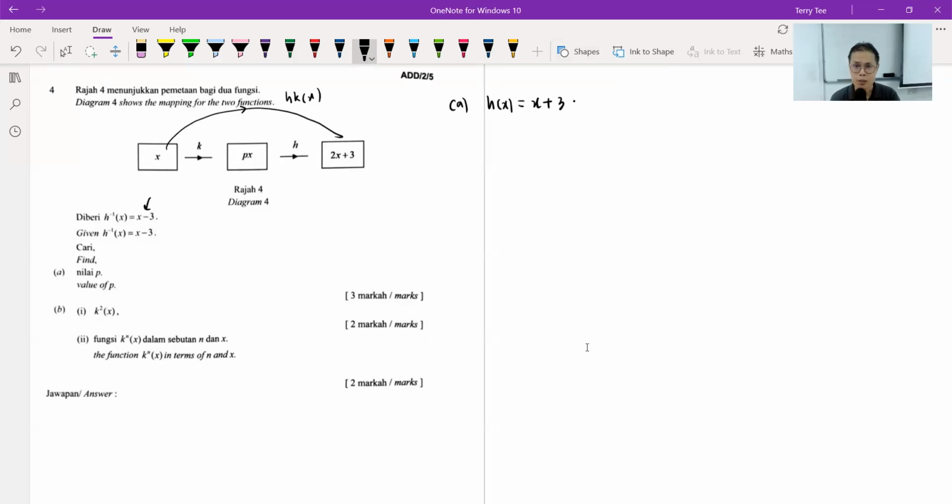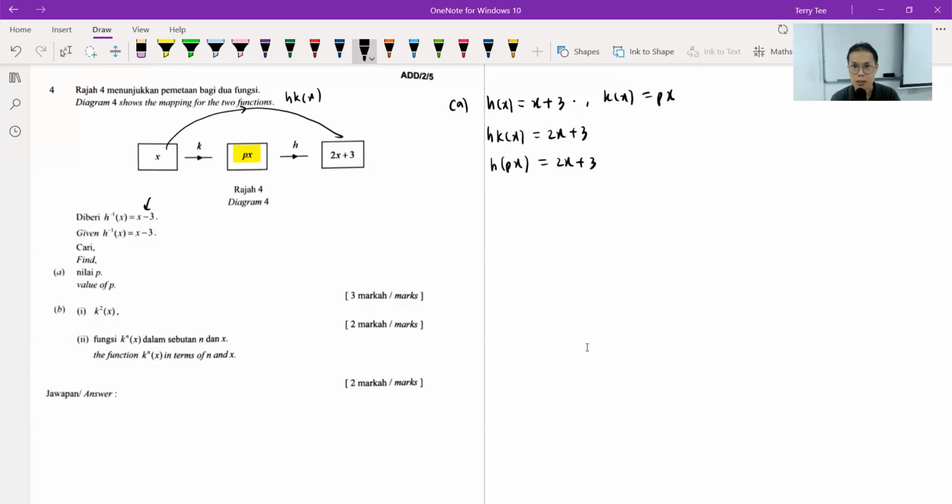Now, the next step is we know hk(x) gives us 2x plus 3. And we know k(x) is px. Based on the diagram, you can see that when x goes through function k, x is mapped onto px. So I'm going to substitute this inside. My k is px, and the result is 2x plus 3.